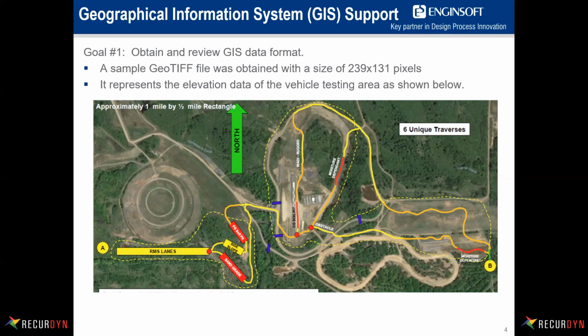There's also information about the terrain characteristics, and we'll get into that a little bit later. But in this case, we have this piece of ground, a 1 mile by half mile rectangle. So we have information, and the question is, how do we bring it into RecurDyn?